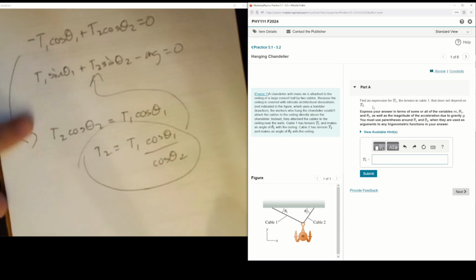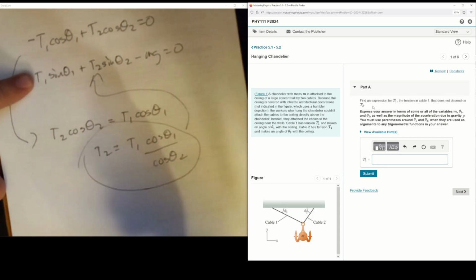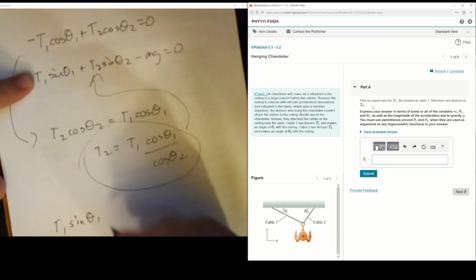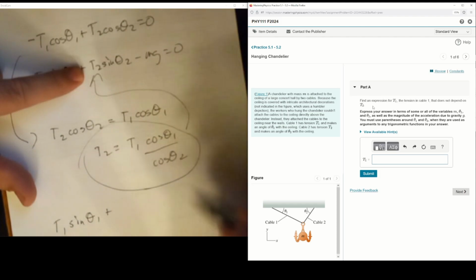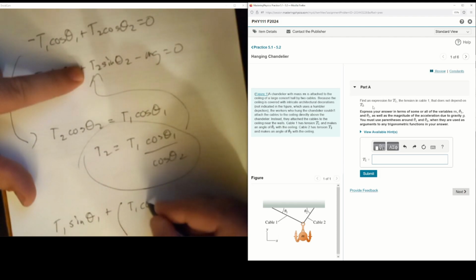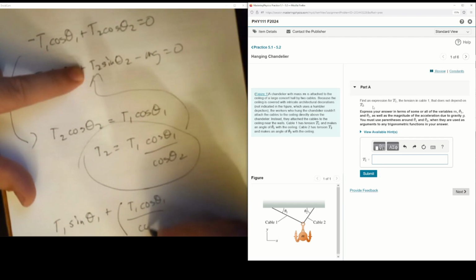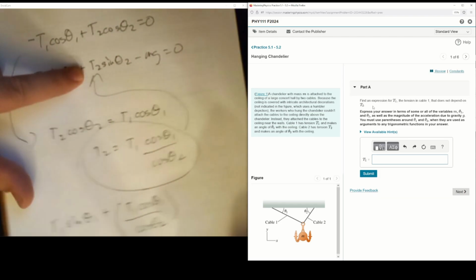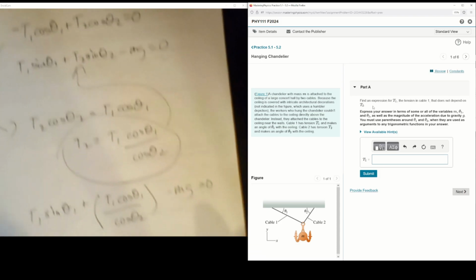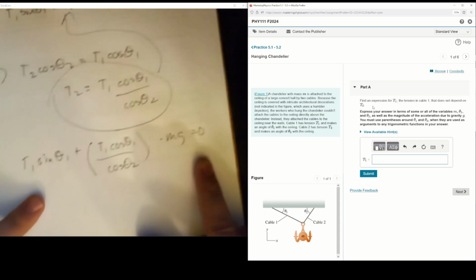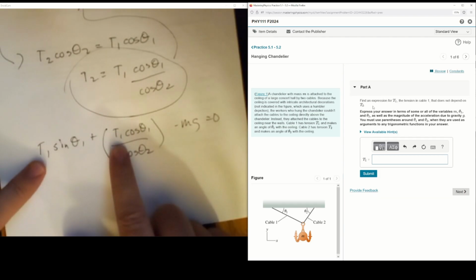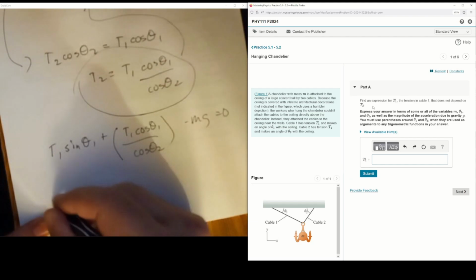So here you go. I'm going to write T1 sine theta 1 and then plus T2, where T2 equals this. And then minus mg equals 0. So there we go. Here's my new equation. I eliminated T2. And now they want us to solve for T1. And so we can do that by factoring.